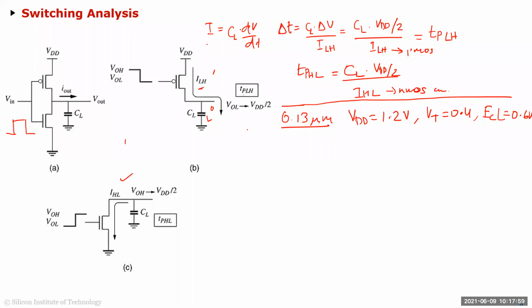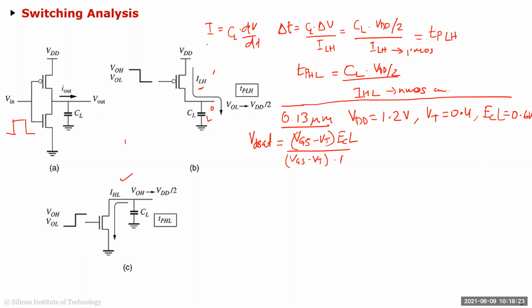So you remember yesterday we derived the VDSAT equation with the short channel effect with velocity saturation. That was the modified equation, which was VGS minus VT times ECL, over VGS minus VT plus ECL, right?